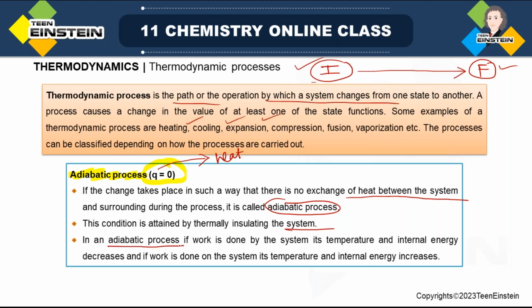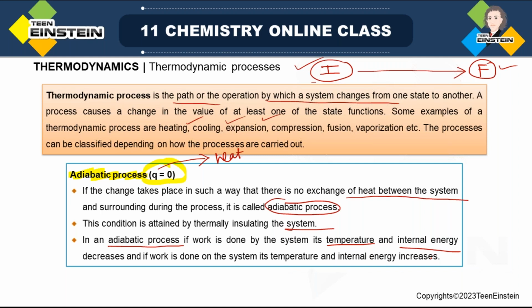Now in an adiabatic process, there are two things possible. Either the system itself is doing work, or some work is done on the system. If the work is done by the system, then what happens? Its temperature falls, internal energy also falls.